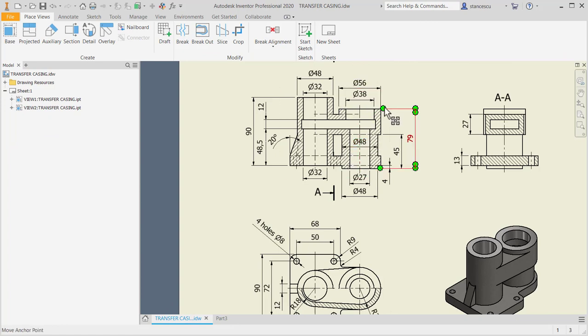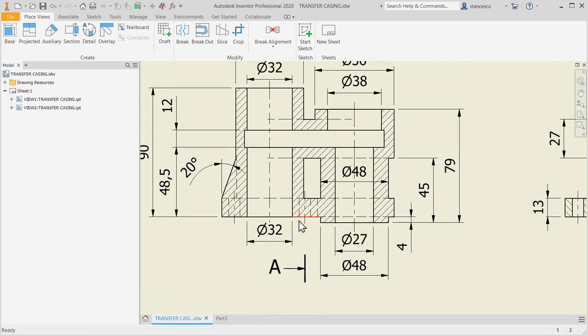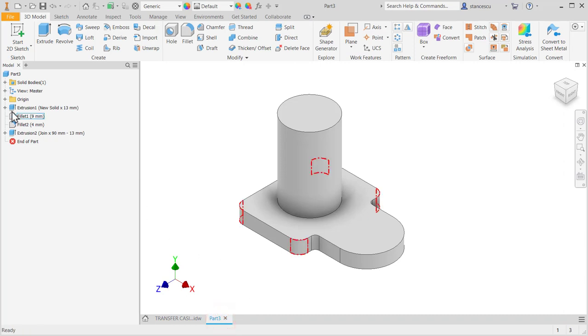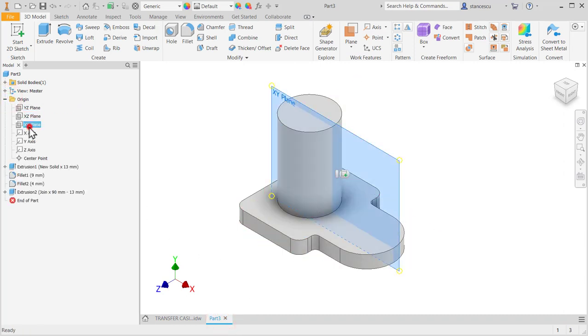Here we have a contour to be revolved. Yes, this is a revolve feature. We start from below the plate with 4 millimeters, and we continue with this contour. Let's go. What is the plane? XY.